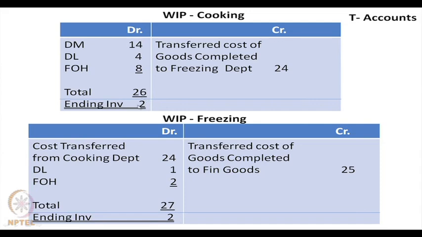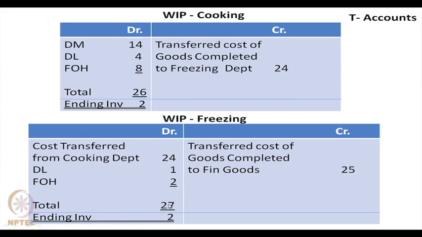that is not transferred to the freezing department, is rupees 2,000. Now, the freezing department has its own direct labor, and in this case there is no direct material. There is the cost transferred from the cooking department, which is 24,000. Direct labor we are assuming 1,000, and factory overhead 2,000, totaling 27,000.